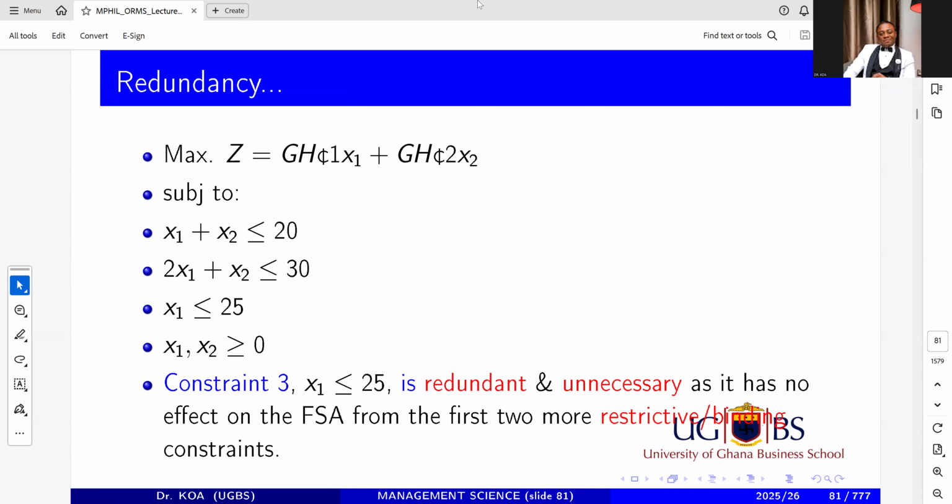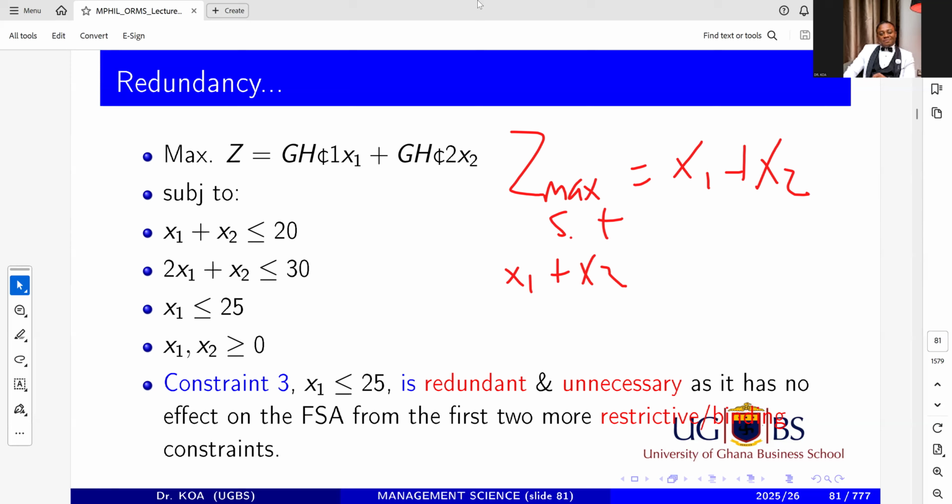I'm going to give you one here, then you tell me which one this is. So here I have a Z max formula. Z is equal to x1 plus x2, subject to this constraint: x1 plus x2 less than or equal to 4, x1, x2 greater than or equal to 0.